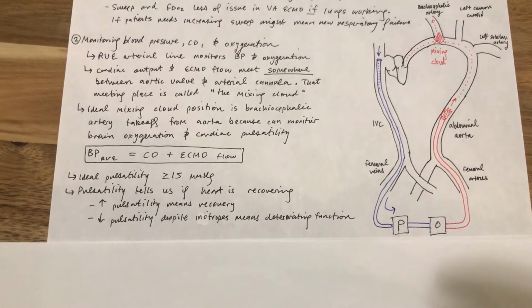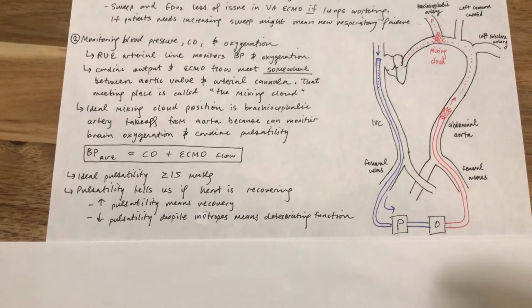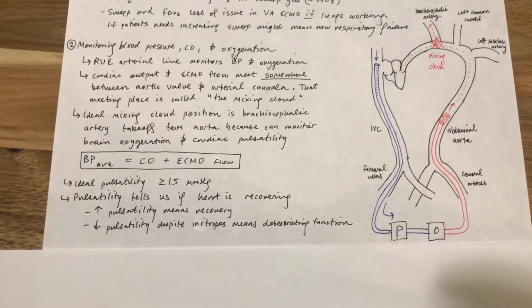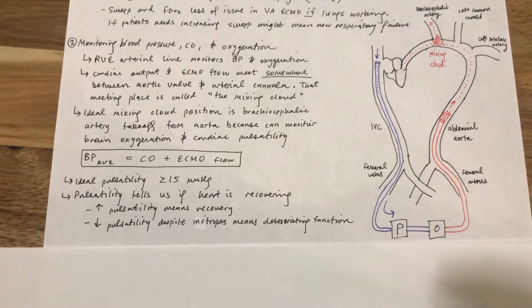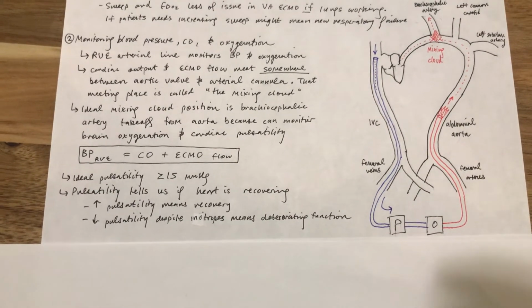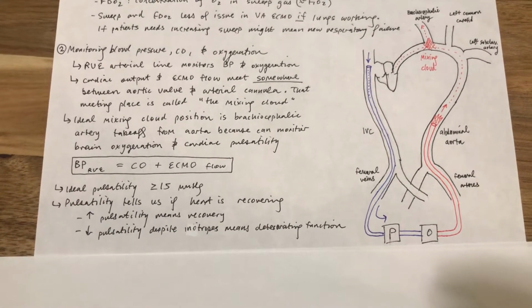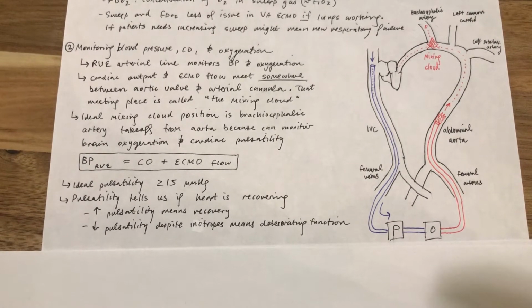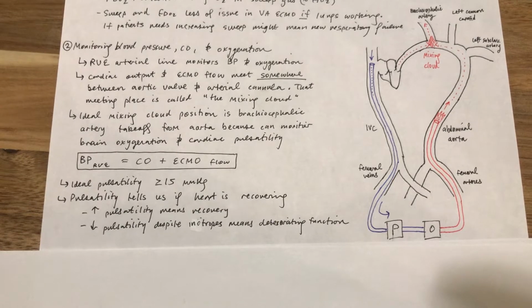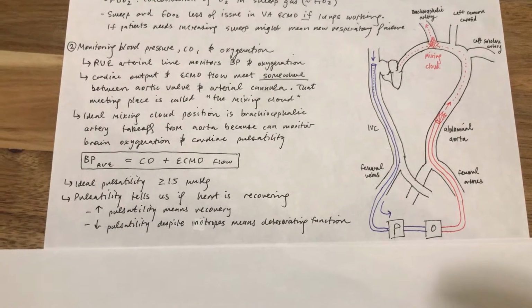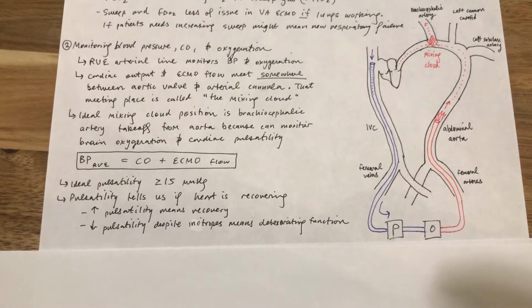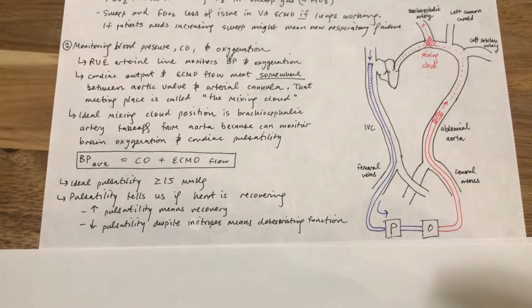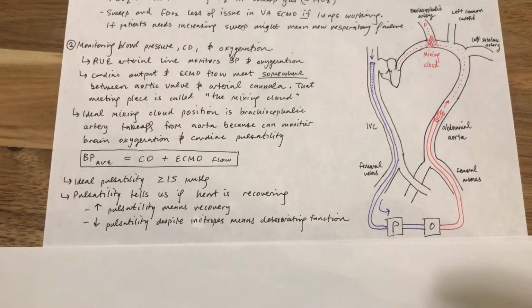It can tell us about oxygenation to the brain, and it can also tell us whether the heart is recovering or not. Over time, if the heart has improved pulsatility, we can assume that it's starting to recover. However, if its pulsatility gets worse despite inotropes, the heart is probably deteriorating, and we need to do something different.